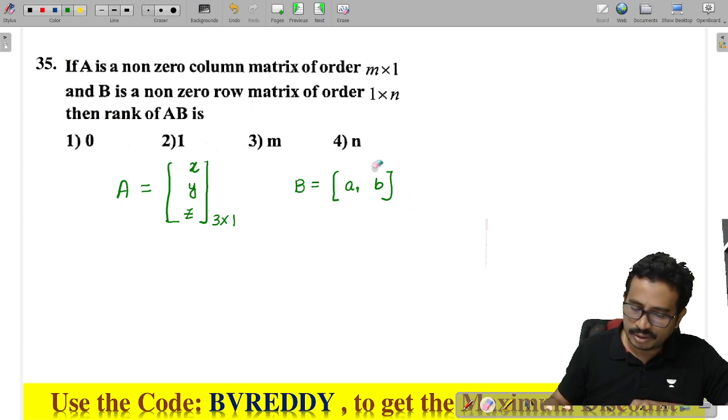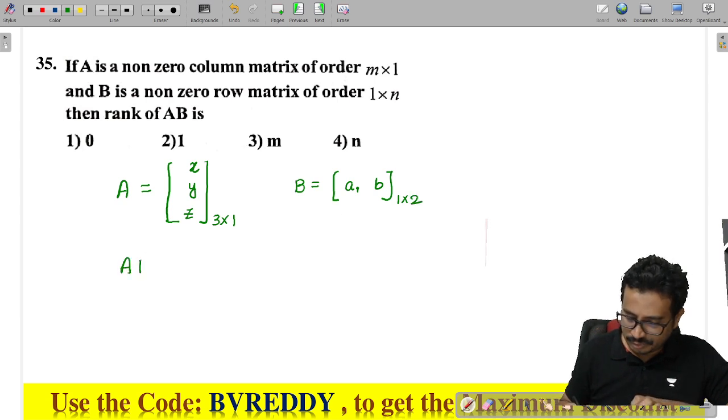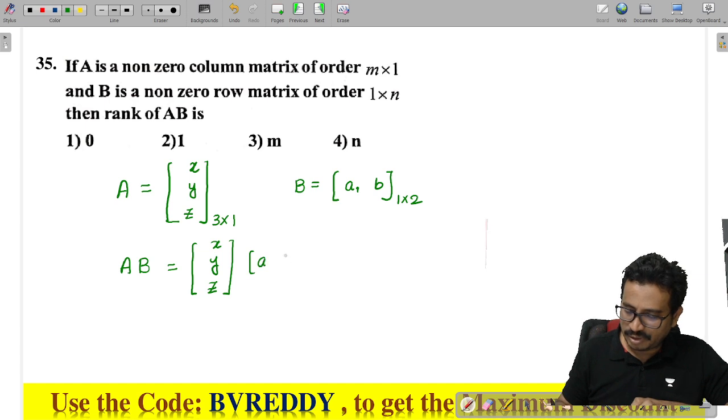I have taken 1 cross 2. Now this is AB we need to do, which is given as x, y, z and AB.